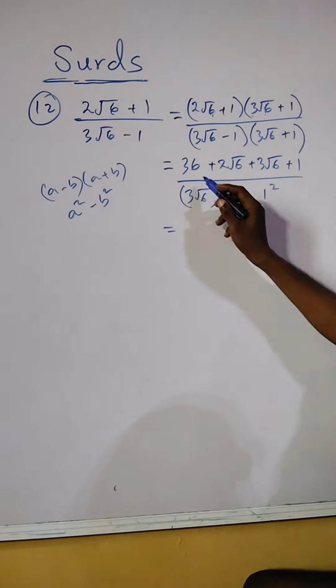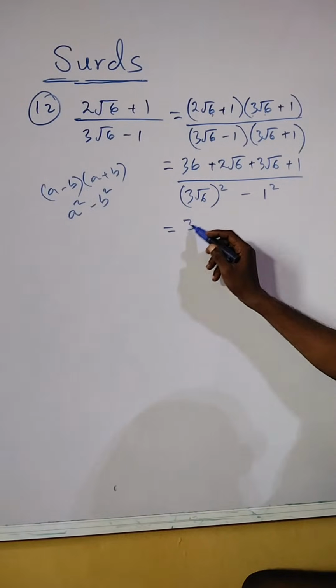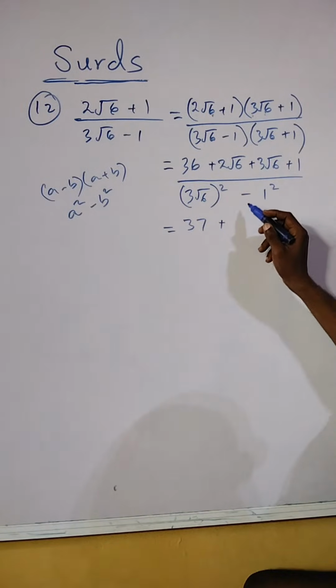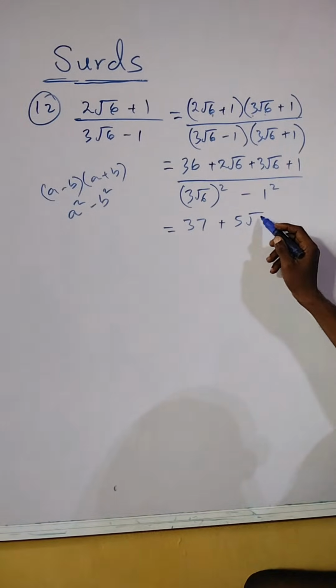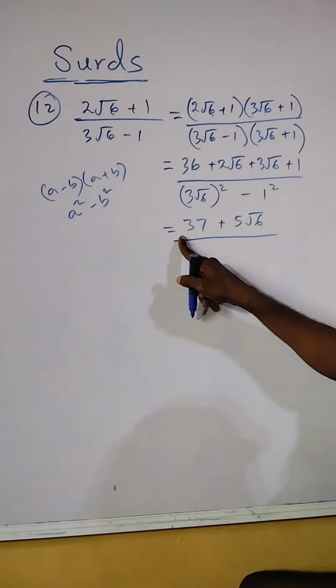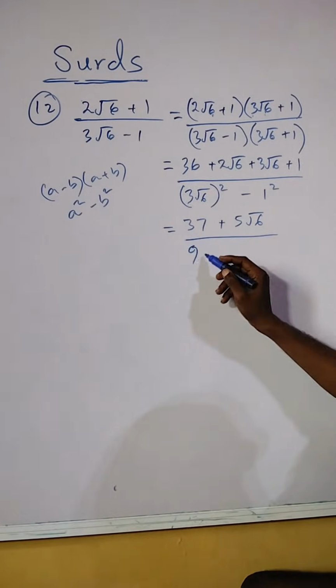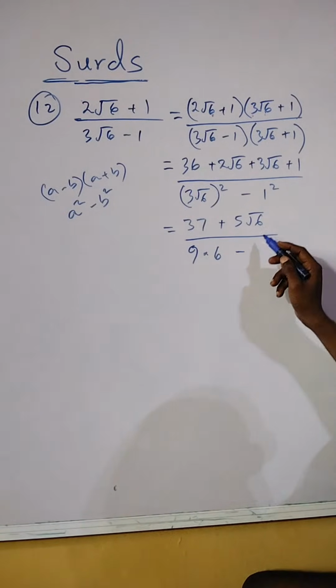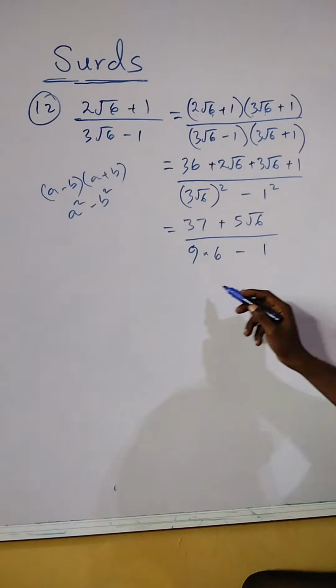That is here, 36 plus 1, that gives us 37 plus 2 plus 3, that's 5. Root 6 over, the square here effect 3, 3 square 9 times also root 6 square, that's 6, minus 1 square, that's 1.